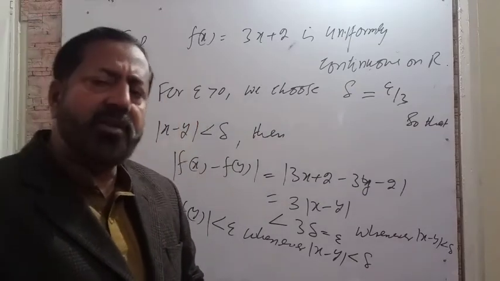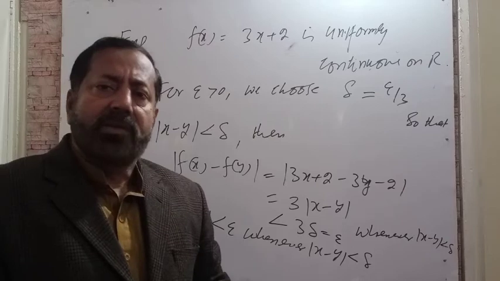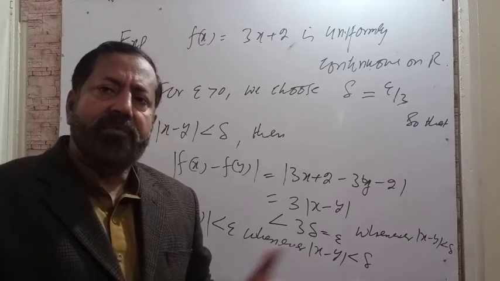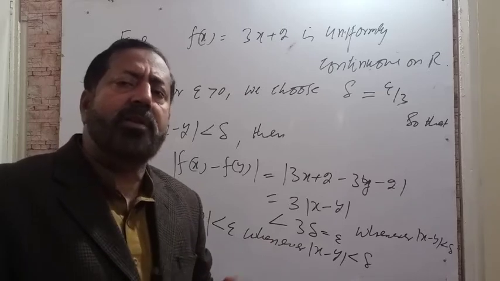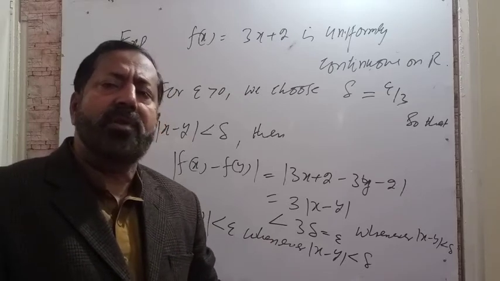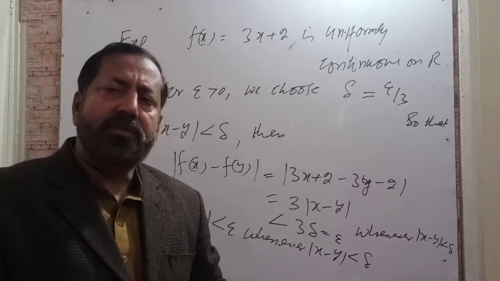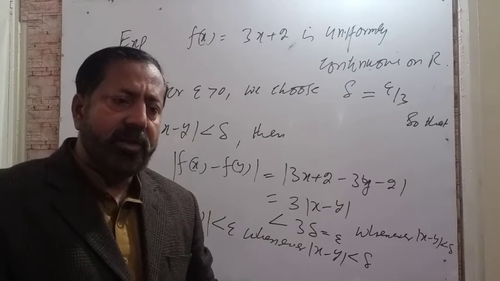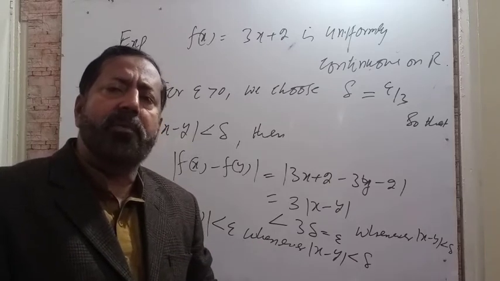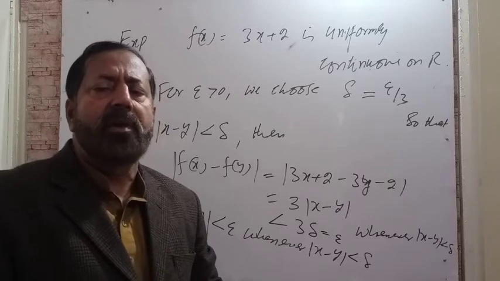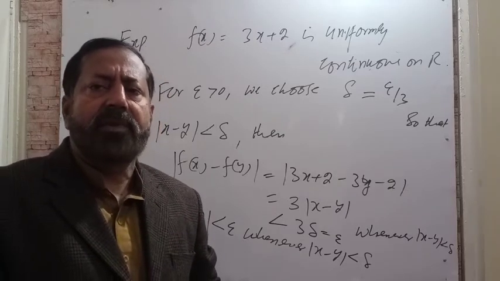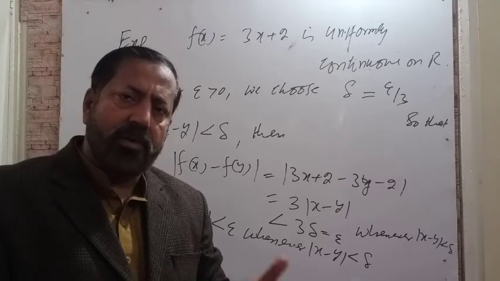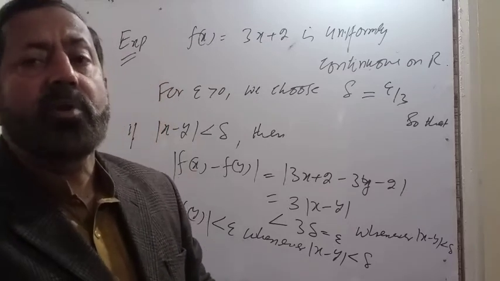the function f(x) = x was not uniformly continuous, as you have seen in my last lecture. However, f(x) = x² is uniformly continuous on a closed interval [0, b]. That's why you can say that a function may or may not be uniformly continuous on a set, with respect to your domain.